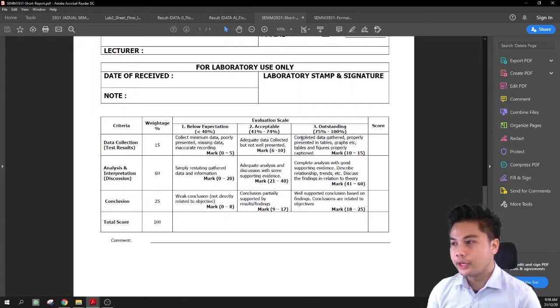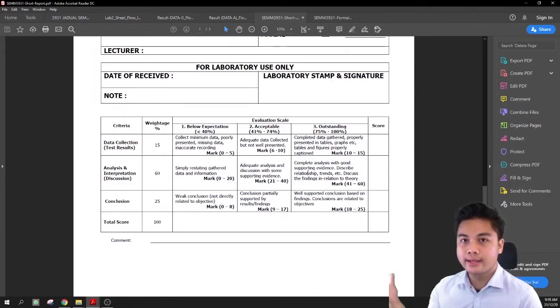Please read through how to score the data collection. In the short report, you need to do the data collection, analysis, interpretation, and conclusion. You realize that the analysis and interpretation carry a heavy weightage, which is 60%. To score high, you need to complete the analysis with good supporting evidence.